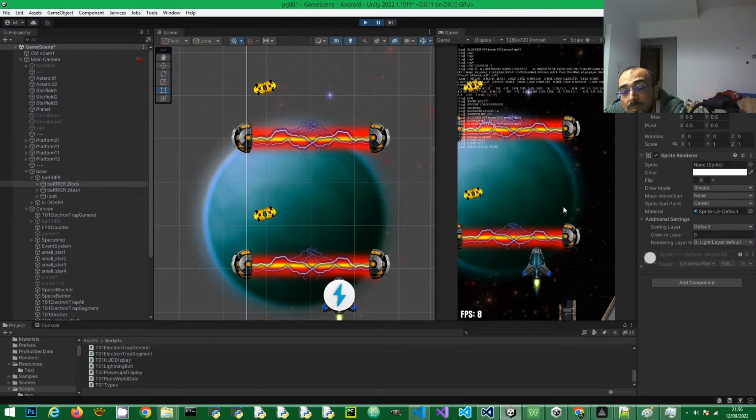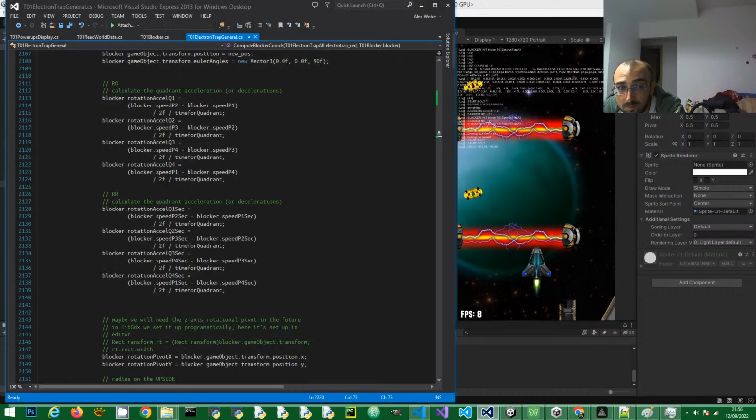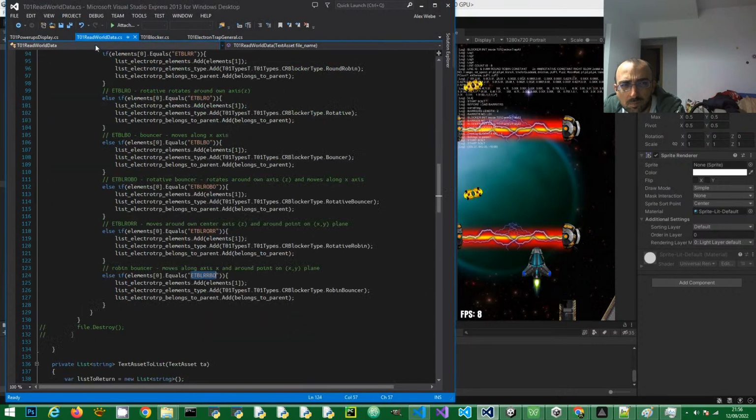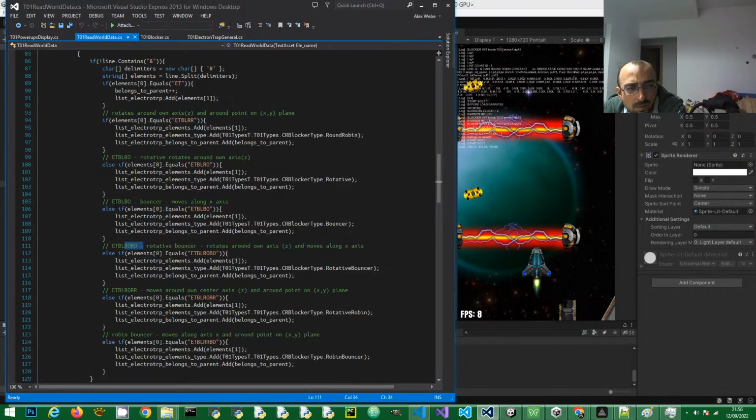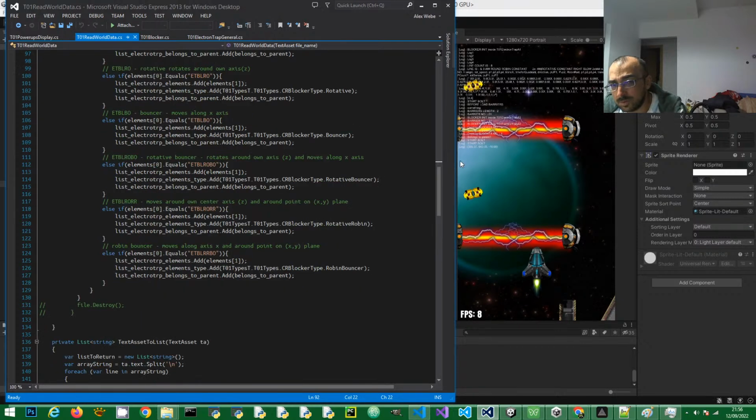So the next days we have to write the code for all our blockers, or all their mechanics. We have 1, 2, 3, 4, 5, 6 types of blockers.